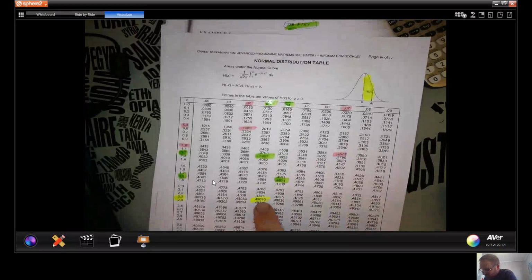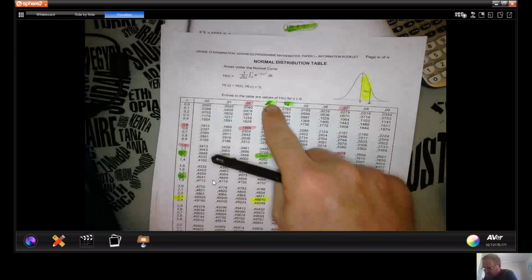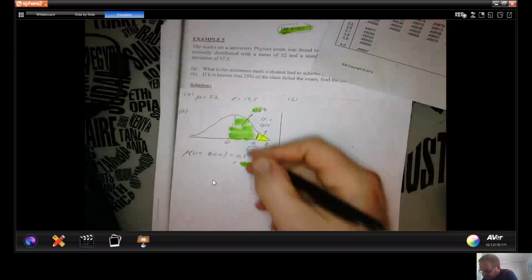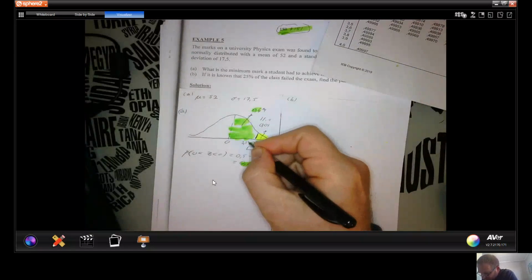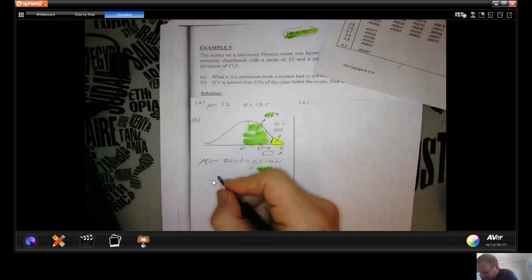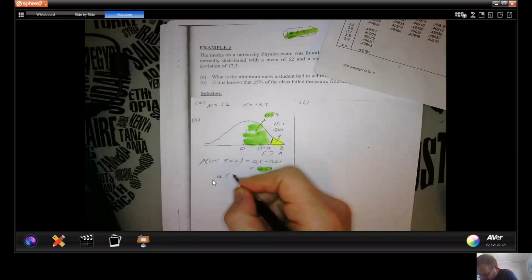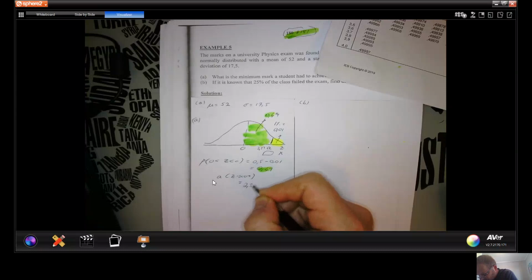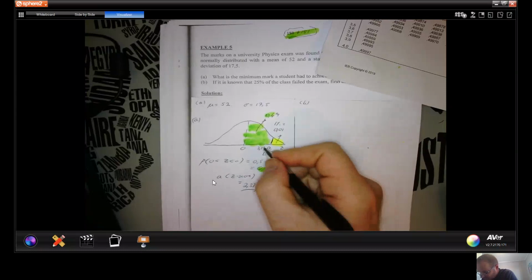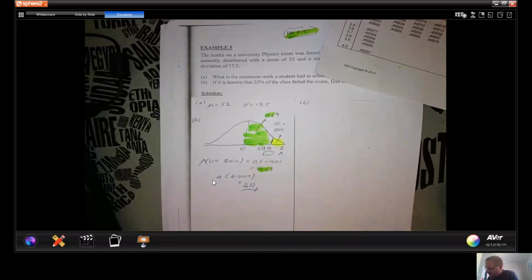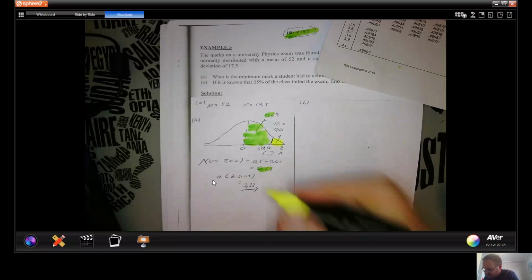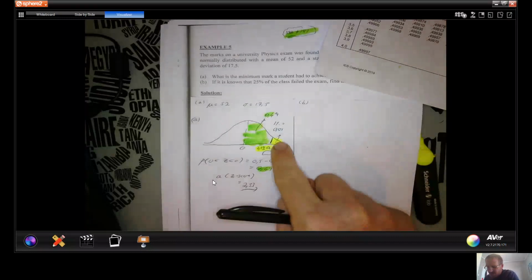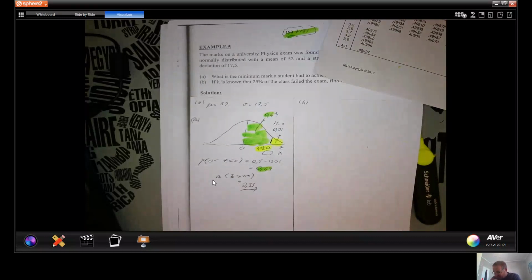So the Z score that produces that area is 2.33. Don't forget A is just a Z score, so A is equal to 2.33. That'll be the minimum Z score so that the area to the right is 1%.